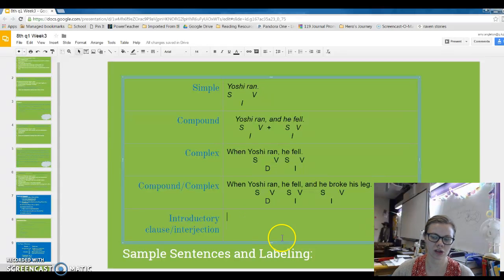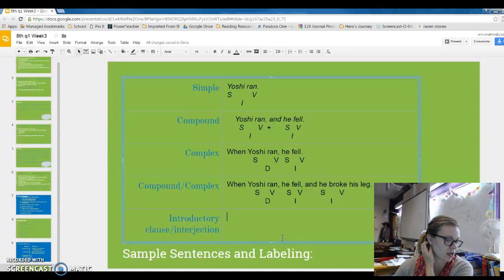The last thing that I'm going to talk about before this video is over is introductory clause and interjection. This doesn't change any of the types of sentences here at all, but it's a more advanced style of sentence. It's not changing the structures, it's just a stylistic thing to do. An introductory clause is something that introduces what you're about to say. You can have just an introductory phrase or a word, or a whole clause.